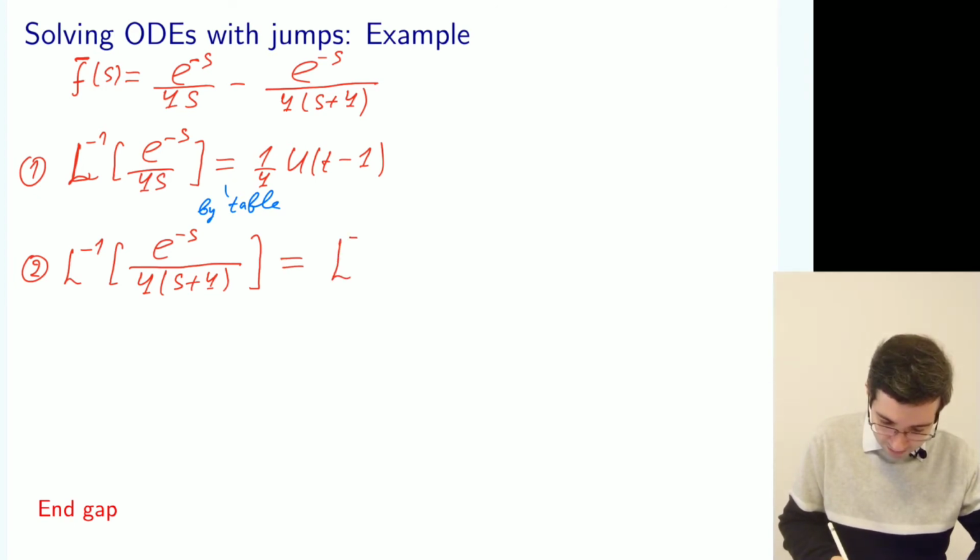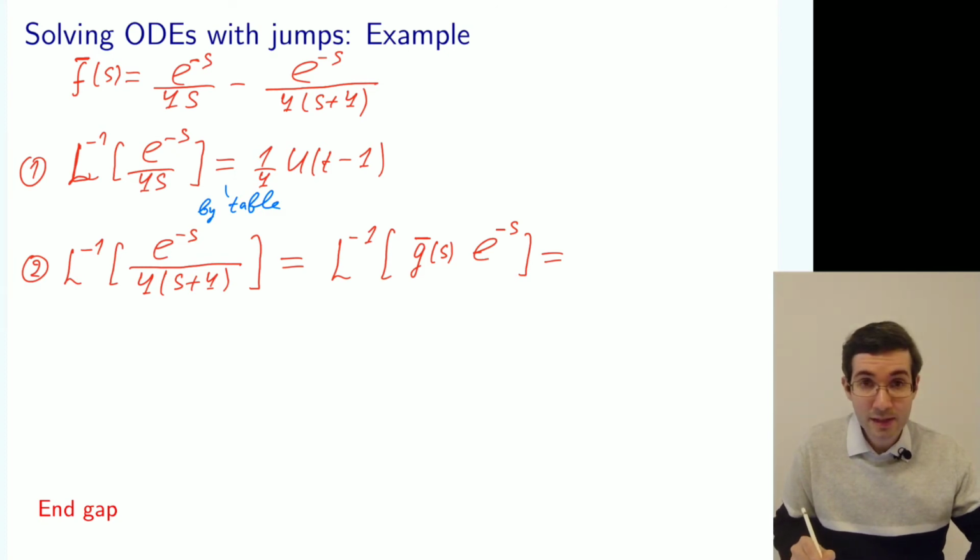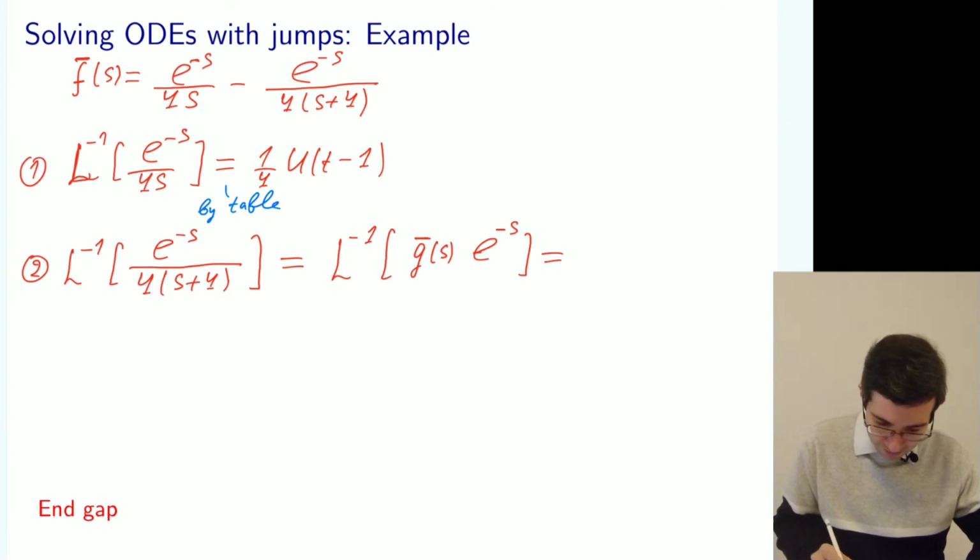So we can write that as some other function, let's call it g bar of s times an exponential, the same exponential, and that is by time delay, inverse time delay, will give us a shifted version.